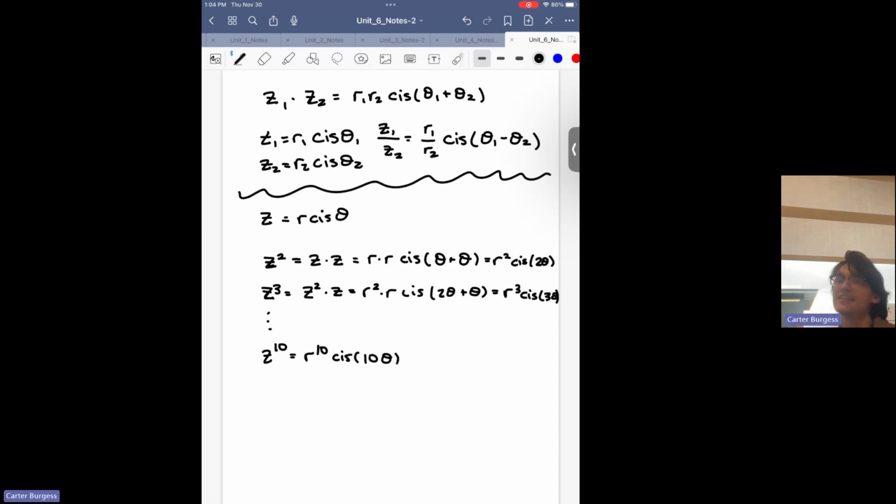And extrapolating from there, if I take a generic power, z to the power of n, what is this going to be equal to? Exactly. r to the n CIS of n theta.